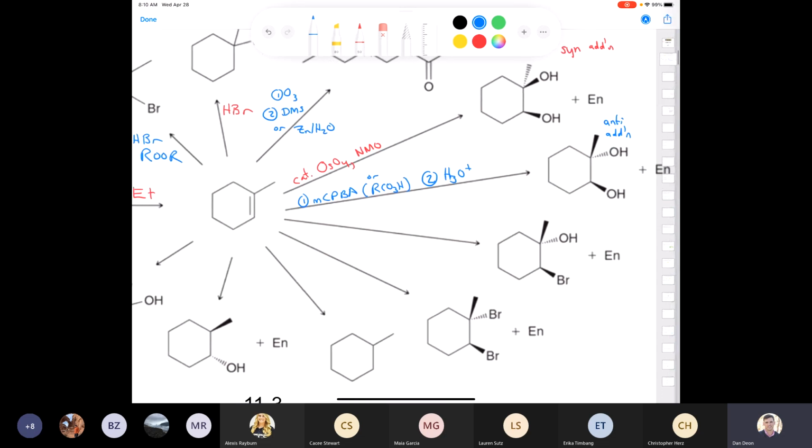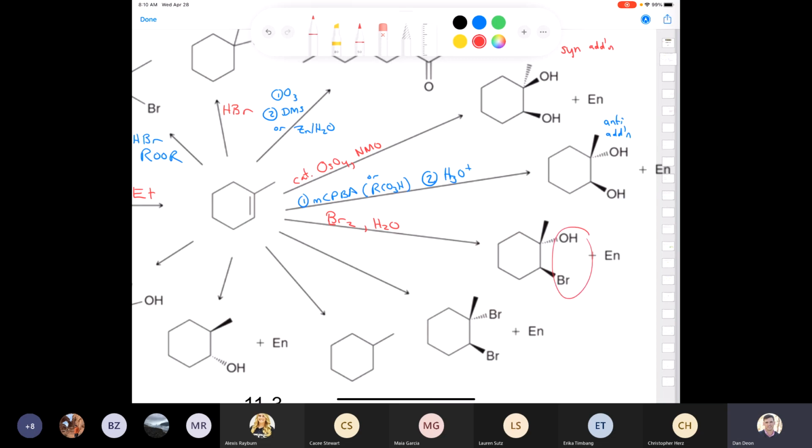The next reaction is the formation of a halohydrin. So we're adding bromine and a hydroxyl across the double bond. The way that we learn how to do that is to put the molecule in bromine, but instead of having an inert solvent like carbon tetrachloride, say, we put the reaction in water as the solvent. And so you end up forming the bromonium ion in the first step, yes, but then water comes in, and the water is going to attack from the opposite face of the molecule as the bromonium.